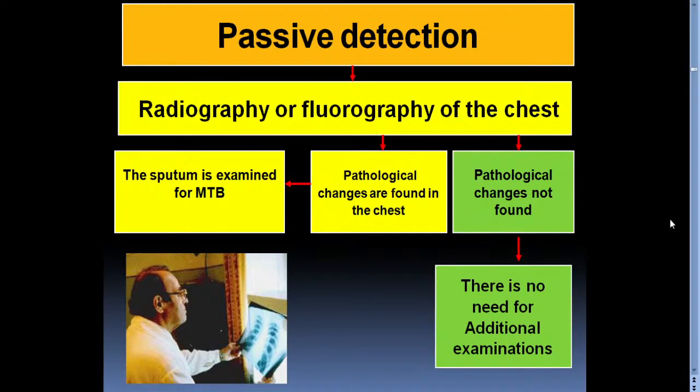At passive detection, we also use radiography or fluorography of the chest. And if we find pathological changes in the chest, we use sputum analysis for revealing Mycobacterium of tuberculosis.